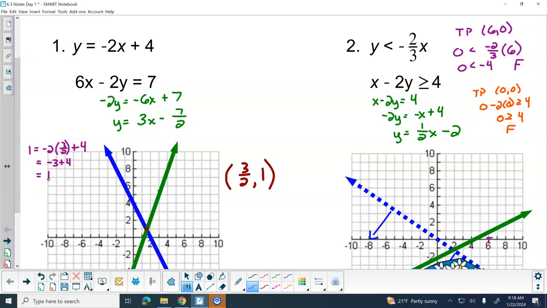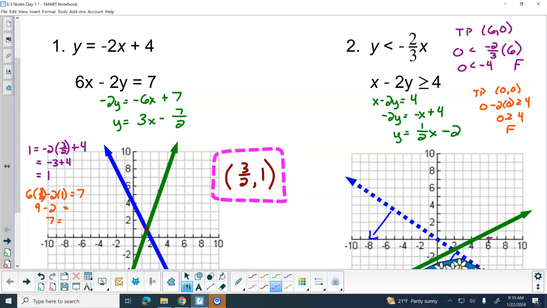If I plug it in the second one, six times 3/2 is 9. 9 minus 2 is 7. 7 equals 7. There it is. Works out.